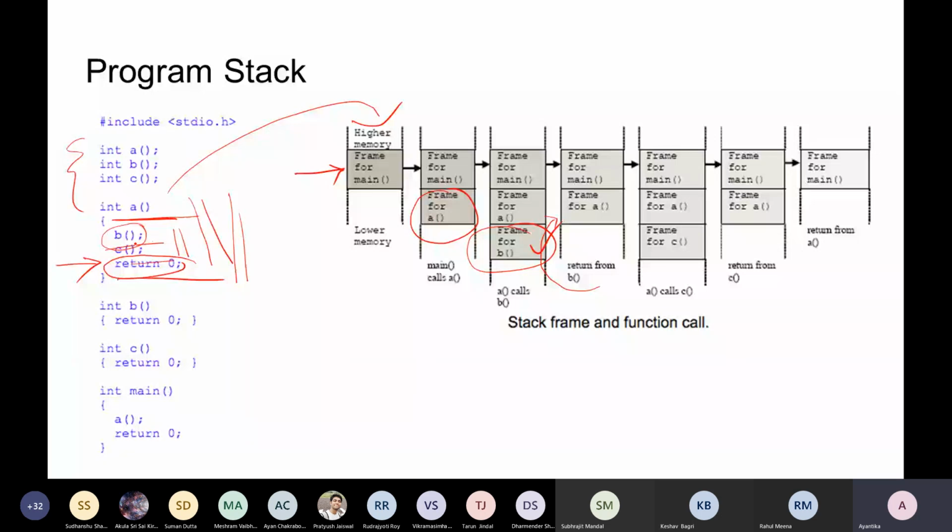Again when you are calling C, it allocates some space for C. So whenever we call some function, some space needs to be allocated in the program stack, and based on our function calls, we decide what our stack frames will be.